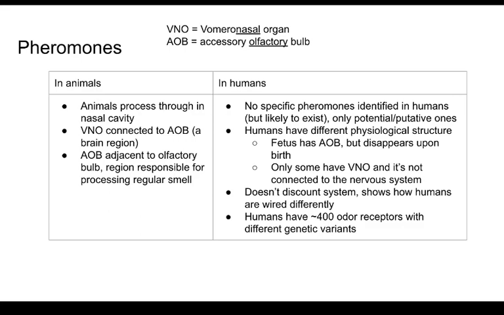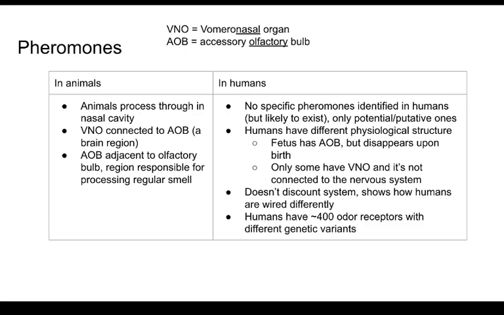And not every human has a vomeronasal organ, and it's not connected to the nervous system. So it seems like humans' biological foundation for pheromones is different from animals. But it doesn't discount that a pheromone system exists, because it's just a matter of how we're biologically wired differently.